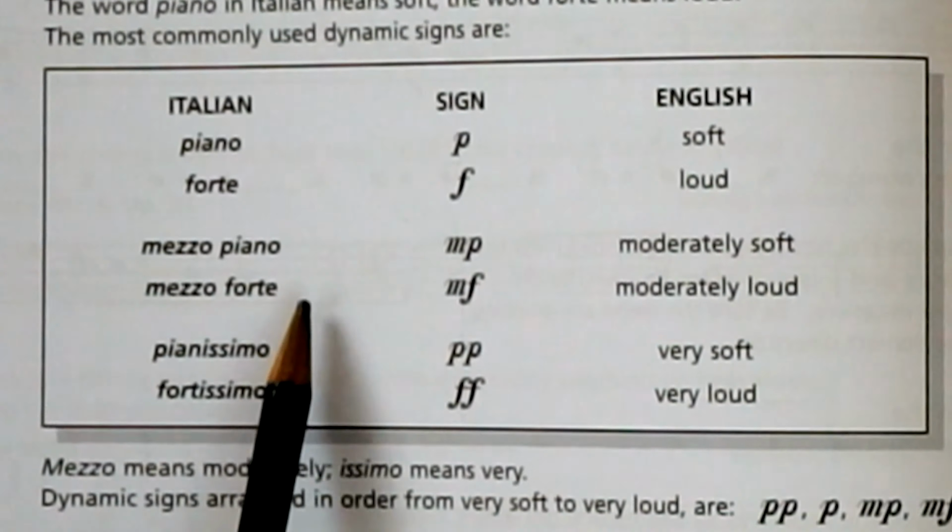Tenuto, it means to hold for its full value. So remember staccato, we're making them short. Well, with tenuto, you're holding them for their full value. Not necessarily slurring them, still a little bit of space in between, but not much. Fermata, you're holding the note, whatever's under the fermata, longer than its value.